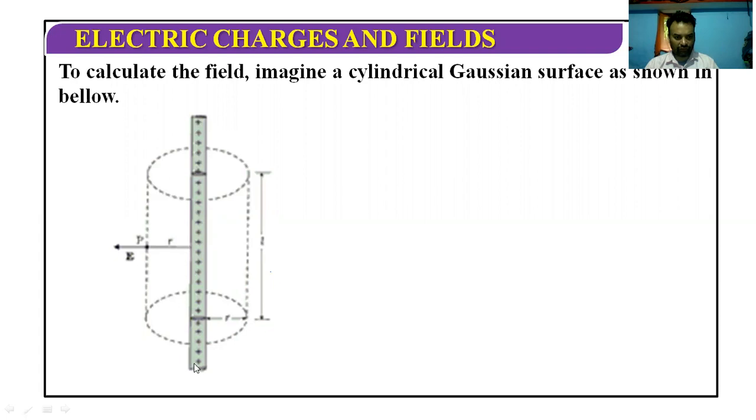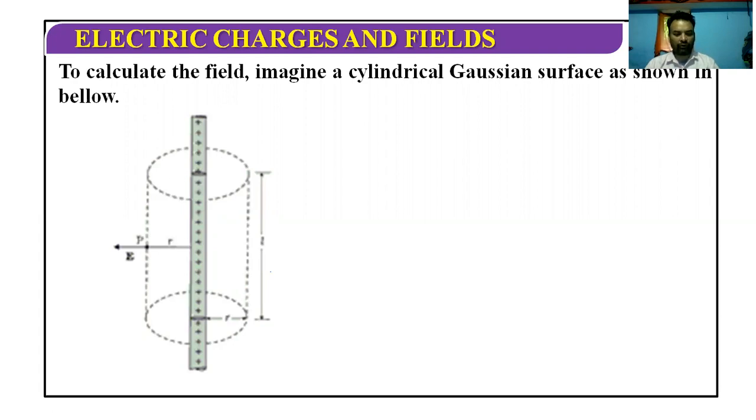Look at it carefully. This is a very thin, infinitely long rod having symmetrical charge distribution. Means if I break this rod into two parts, upper part and lower part, they will have equal charge density or equal charge distribution. So the case is symmetrical.